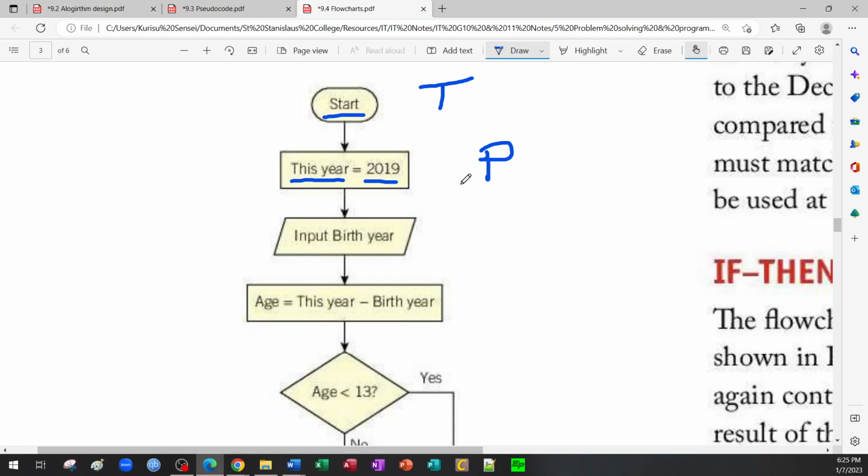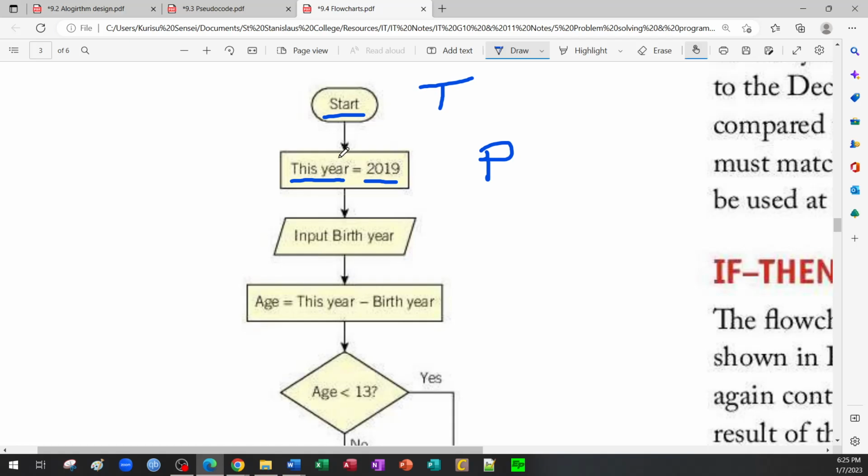Can anybody tell me what is the name of the function that is happening here? There's a certain action that is being carried out here. Sir, is it the declaration of the variable?